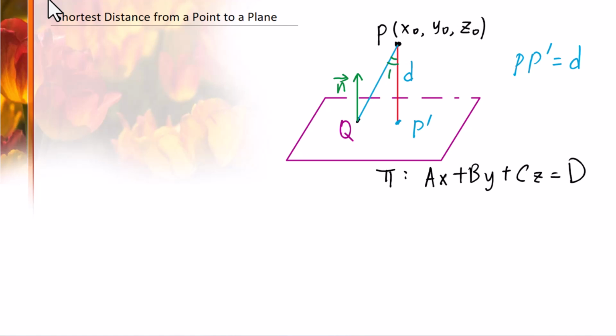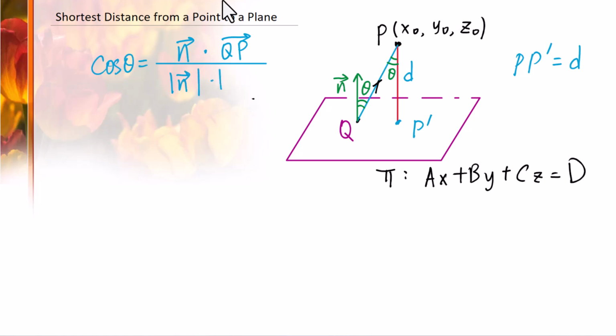Label this theta, then this is theta. Cosine theta equals, using the dot product, vector n dot vector qp all over the absolute value of vector n times the absolute value of vector qp.